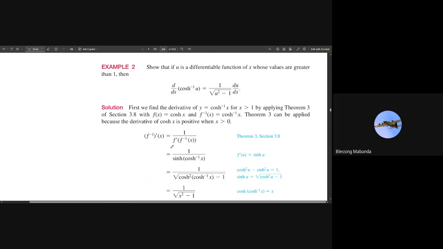Your inverse here is cosh, and the derivative of the function itself without the inverse, the derivative of cosh, is sinh.